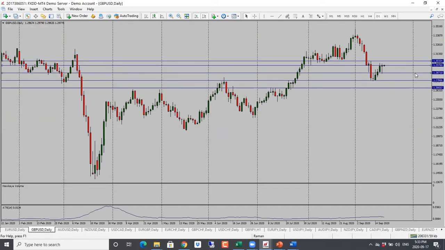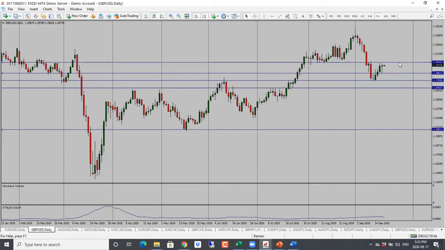Pound dollar here, this one as well, like I mentioned, it went all the way down and it rejected that level. Now we are back up again. So this one's neutral to bullish here. This one could go up if the US dollar continues to drop, and then we are looking for price to move up here.